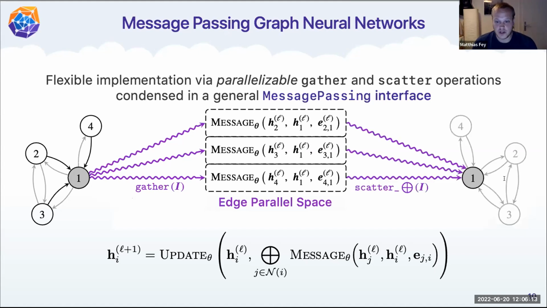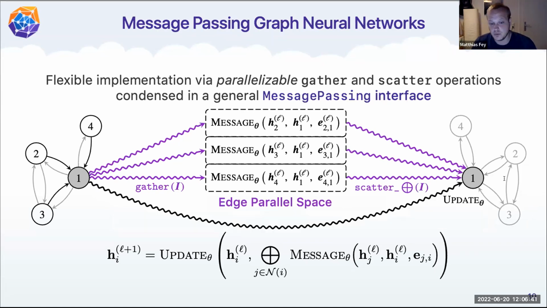After that, we have a message for each edge available, and now we can scatter or aggregate all these messages together depending on the destination node index. And here we make use of scatter aggregations. That means that we utilize atomic operations which highly parallelize across different destination nodes and features. And so this scheme is parallelizable in all these three parts.